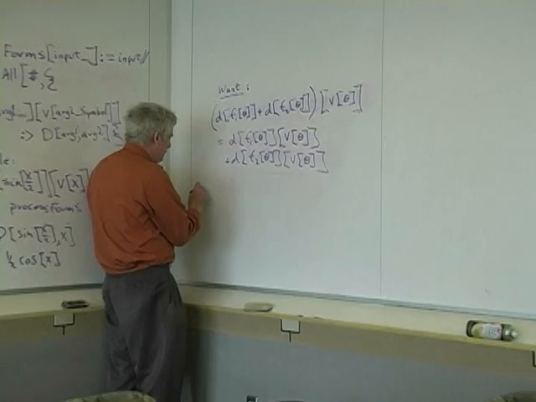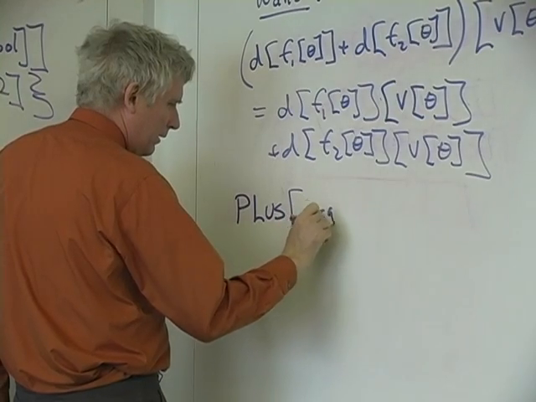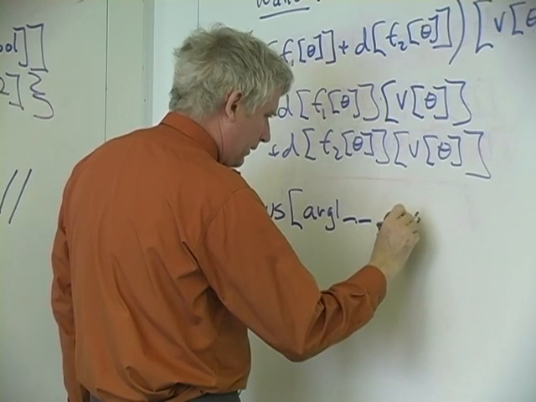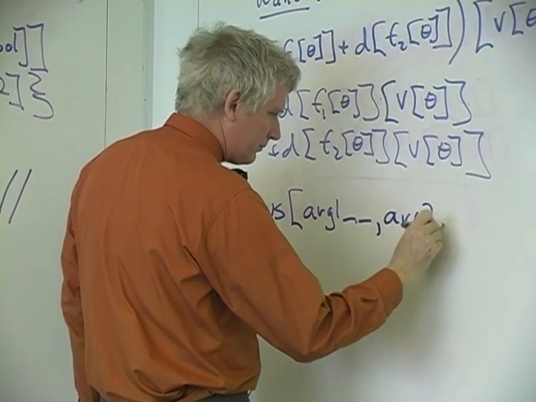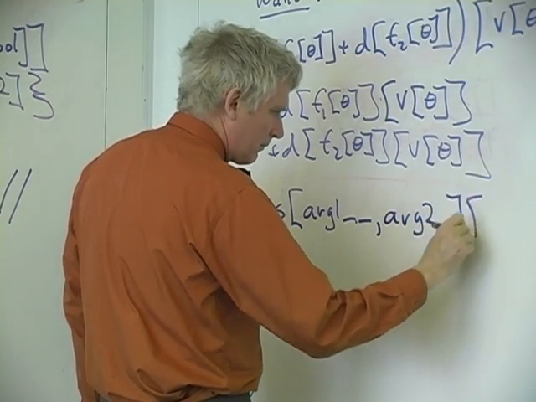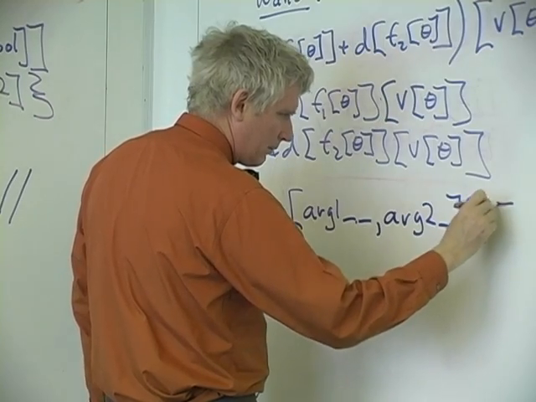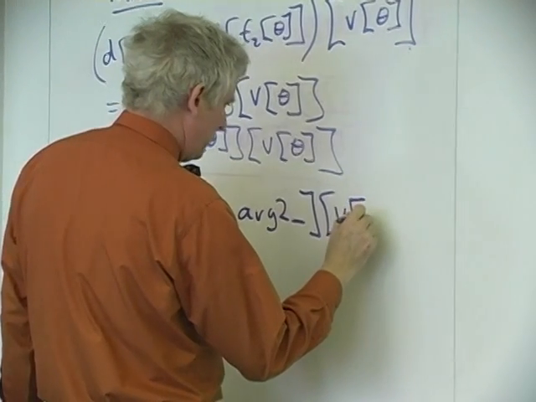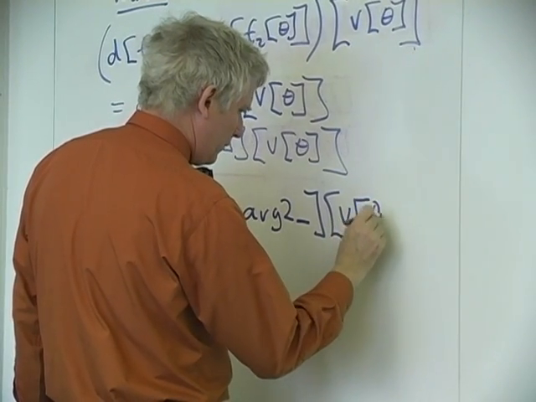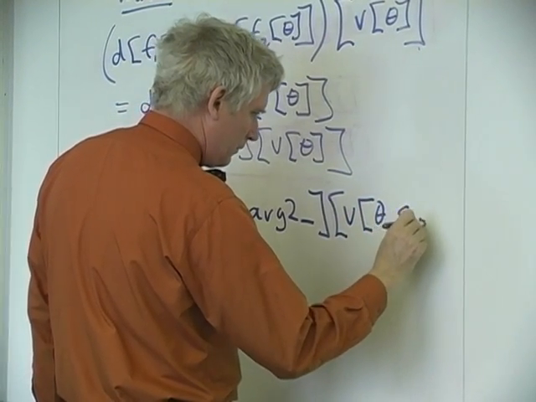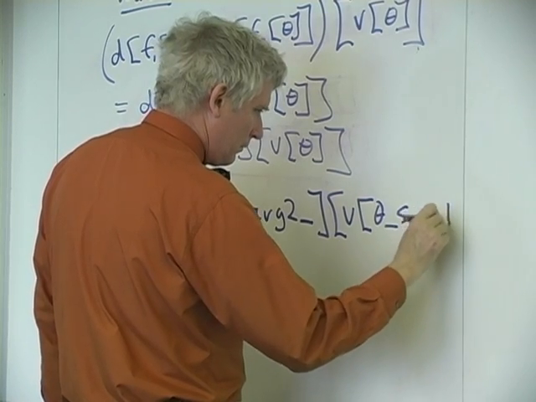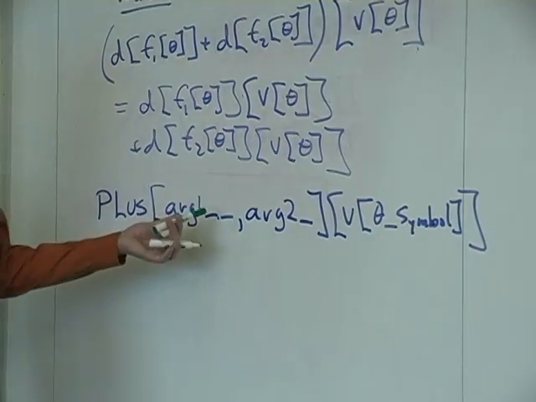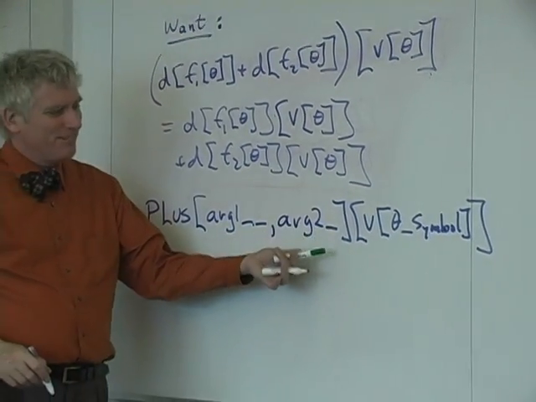That pattern would be this: arg1, arg2. Underlines are Mathematica's pattern.